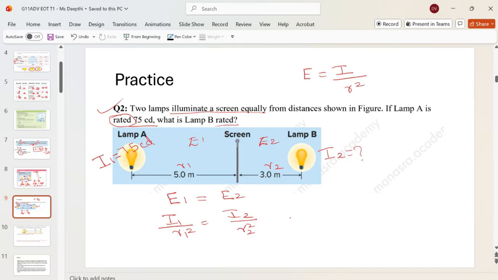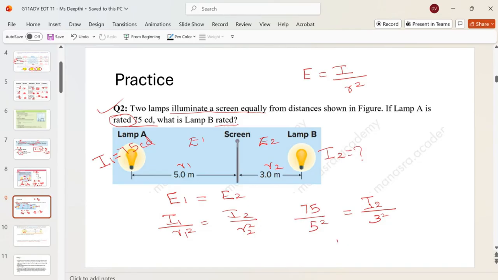Now plug in the values. I1 means 75 over 5 square equal to IB, which is I2, we don't know, divided by 3 square. Now, plug it in the calculator, put I2 as X and find it, or you can cross multiply and do.